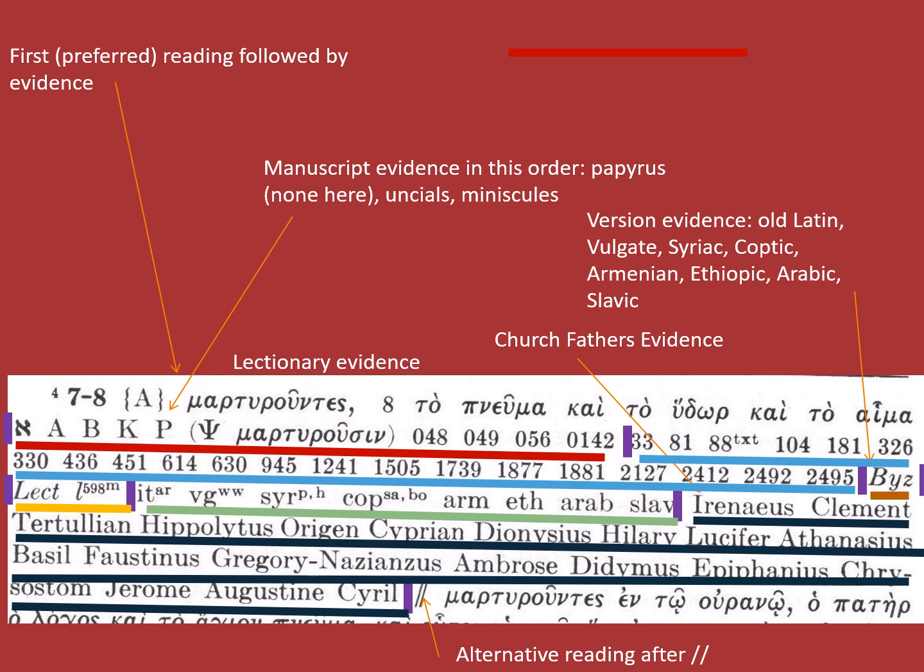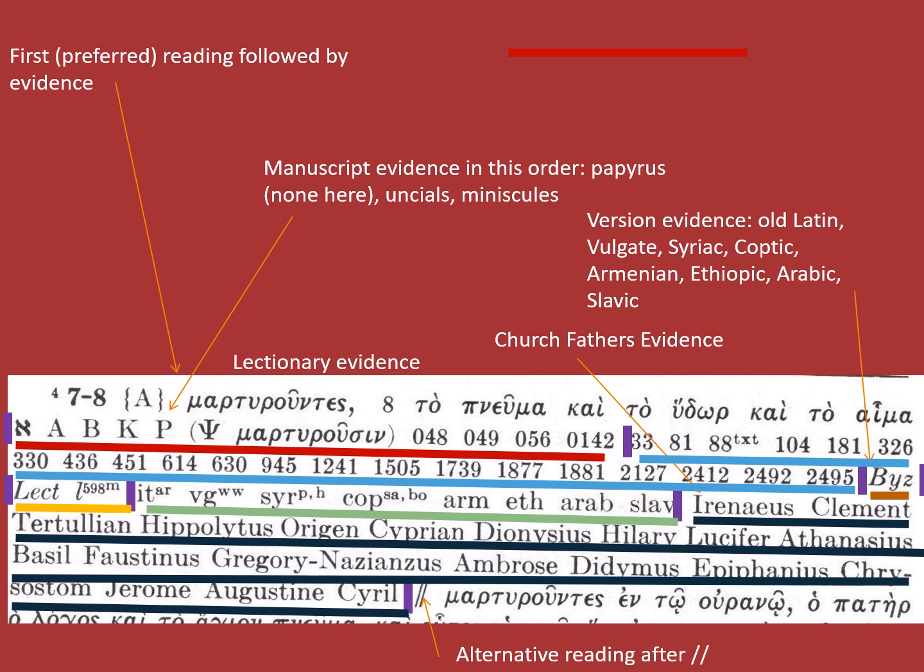After that, on the next line in between the two purple lines, underlined in yellow or gold, we have lect and then an L with a number 598 and then an M. This evidence is lectionary evidence, where biblical texts were quoted in the lectionaries, and so the lectionary is also giving evidence for what kind of biblical text people had.